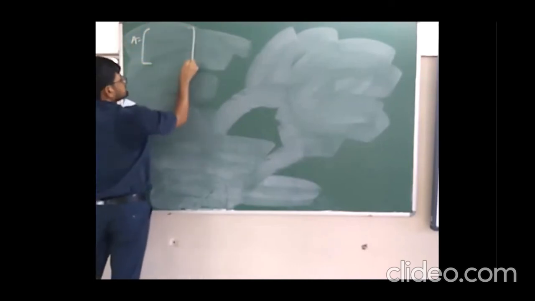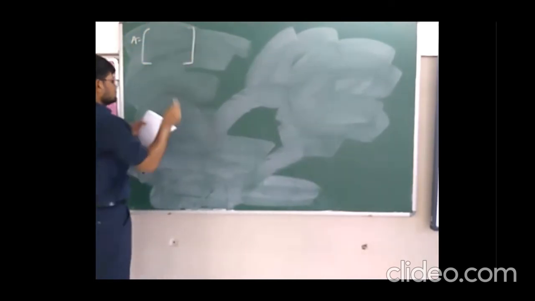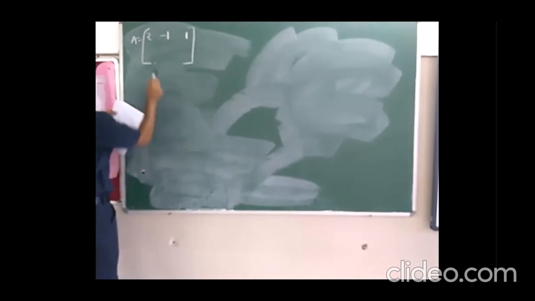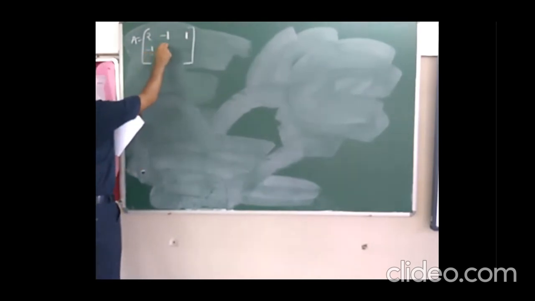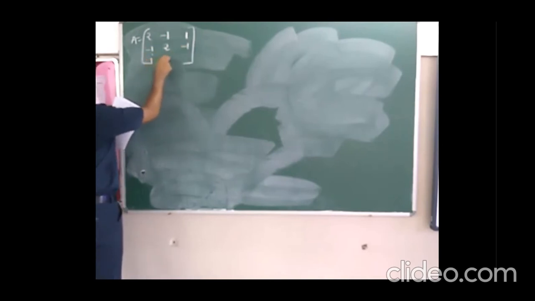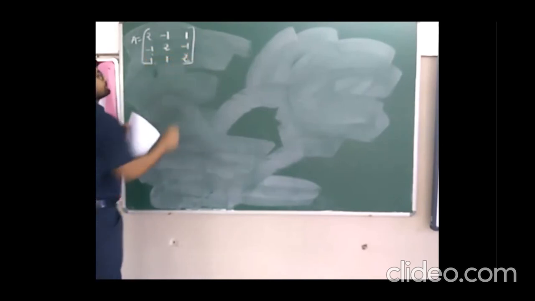So in question number 2 you have given A is equal to 2 minus 1 1, minus 1 2 minus 1, 1 1 and 2.